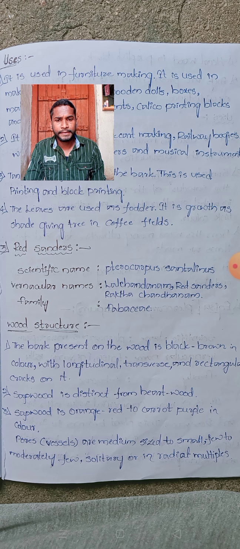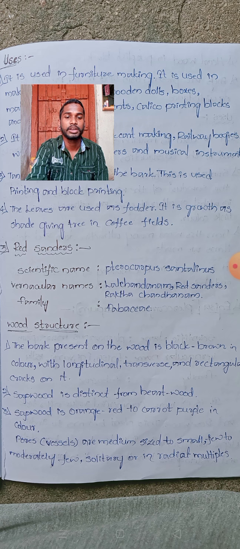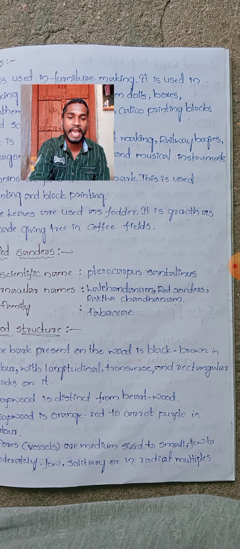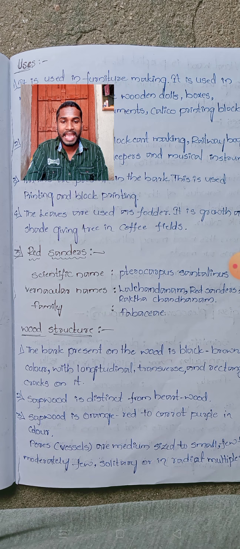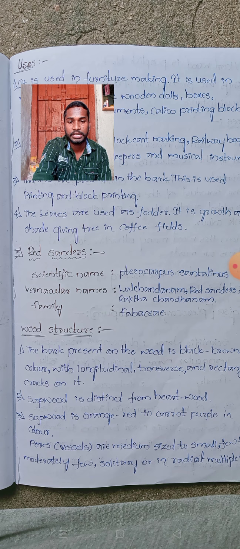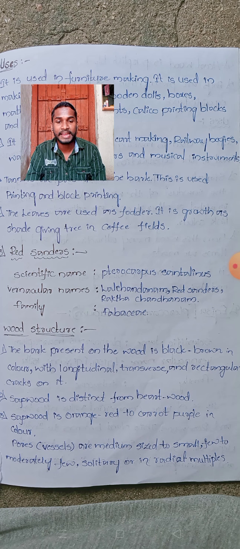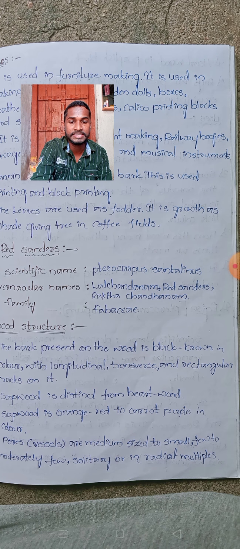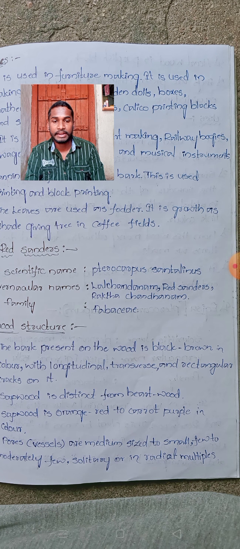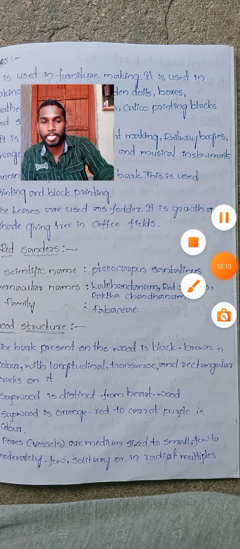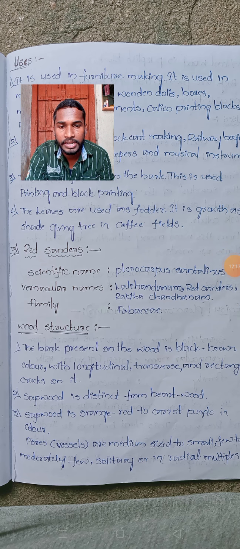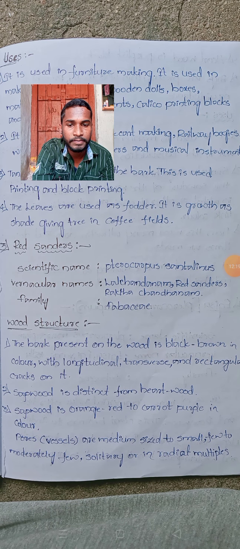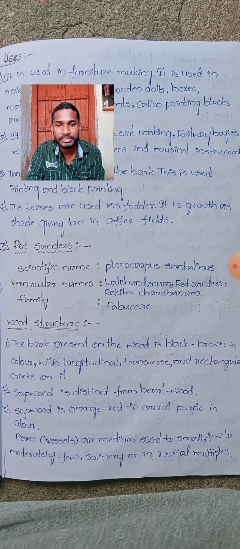The bark present on the wood is black brown in color with longitudinal fissures and rectangular cracks.